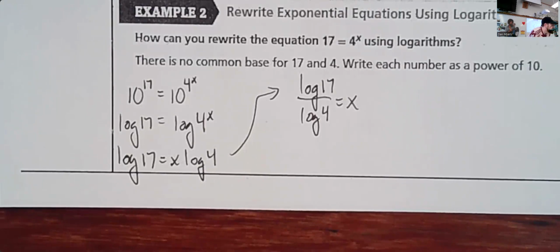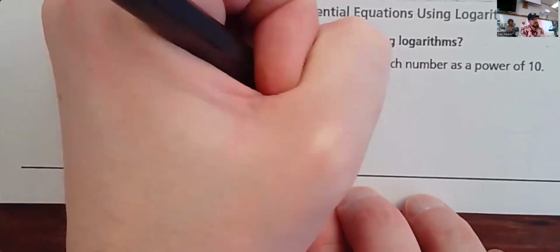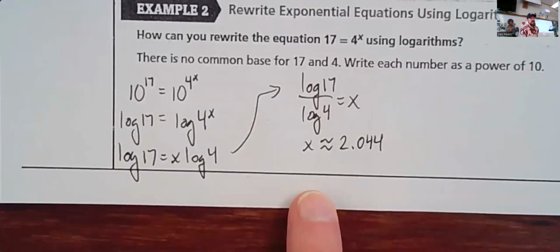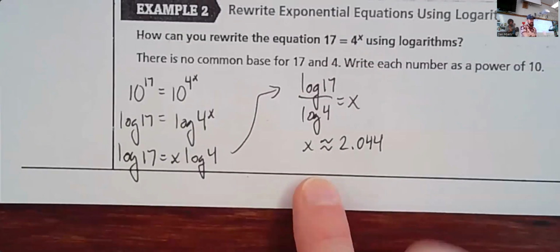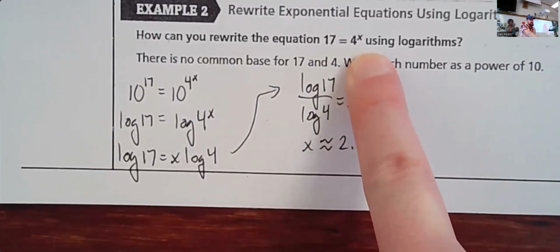So what's the answer going to be? Was that 2.44? Okay, so x is approximately 0.04. Wait, what? 2.0. Okay, 2.044. That makes more sense. And the reason why I say that is because if you look at this, what's 4 squared? 16, right?